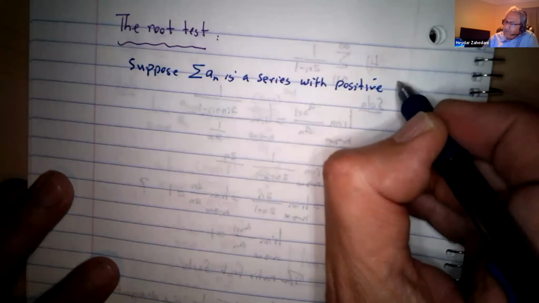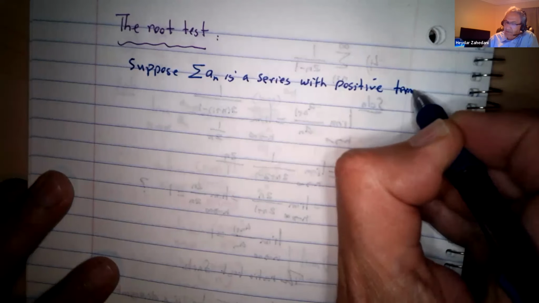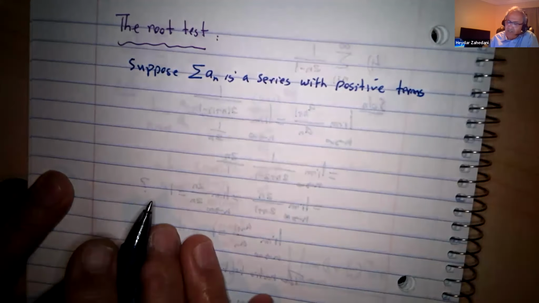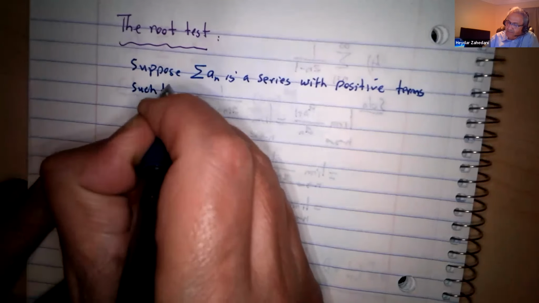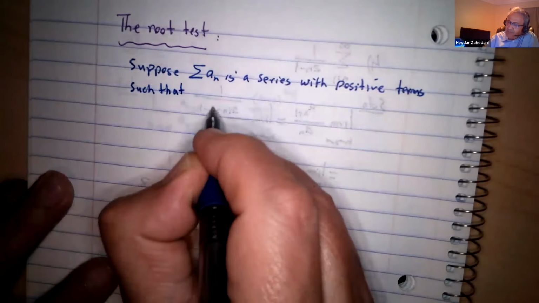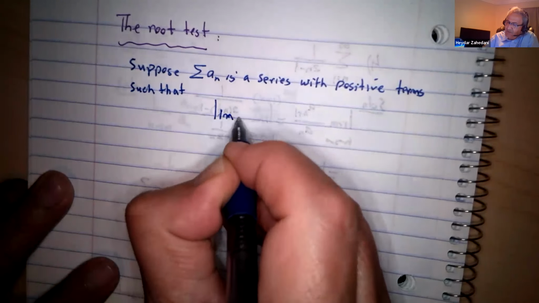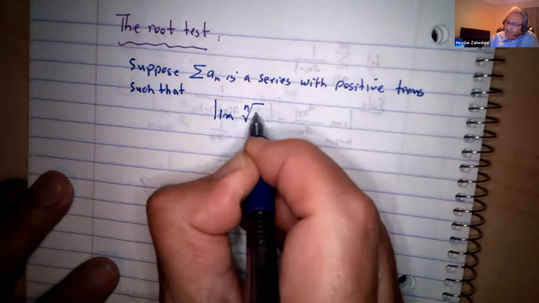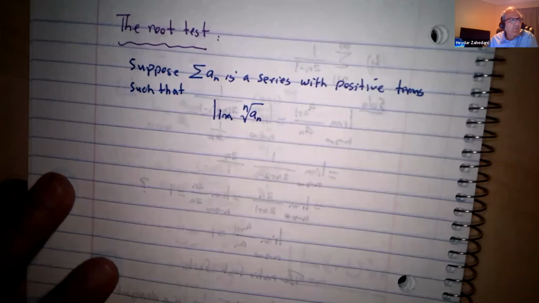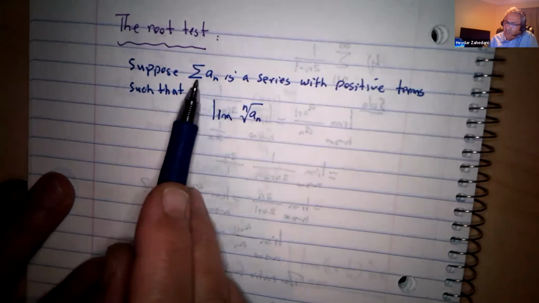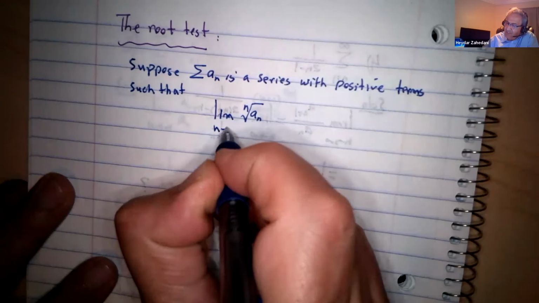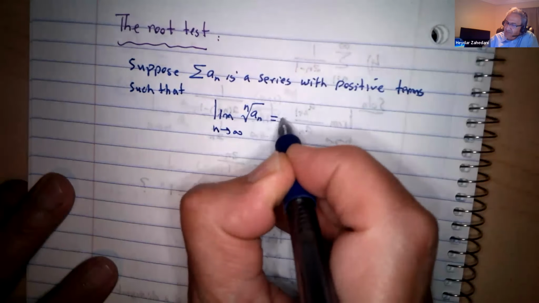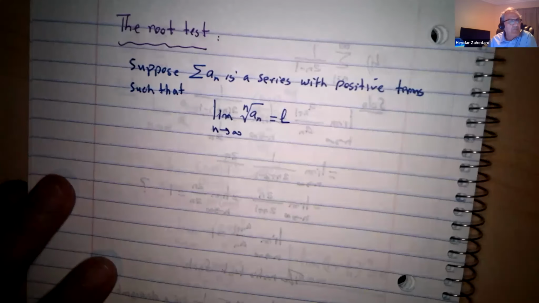These a_n are positive, such that this limit exists: the limit of the n-th root of a_n. a_n is the general term of the series. You take the n-th root, n goes to infinity. You find this limit, and suppose this is L.